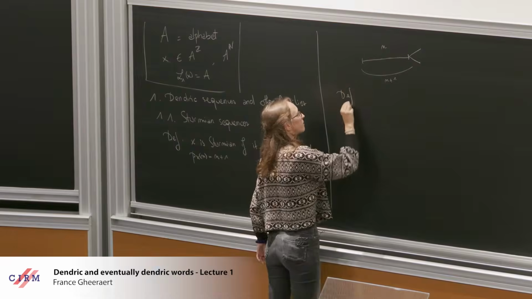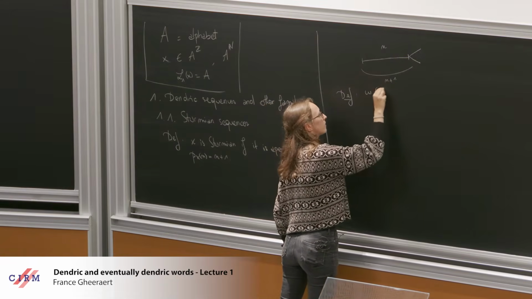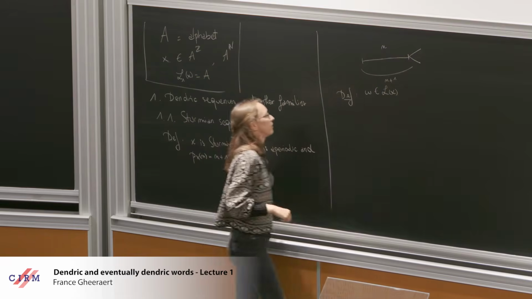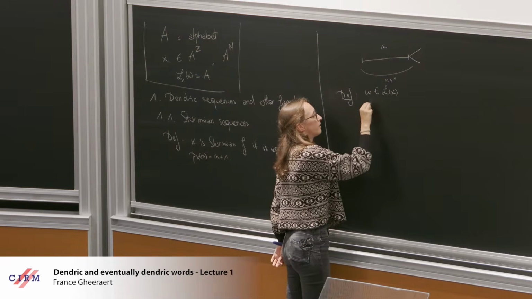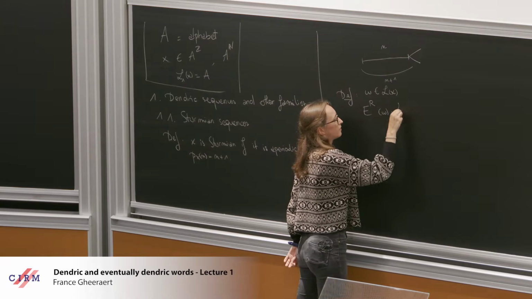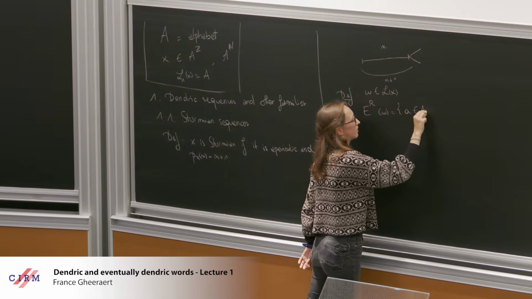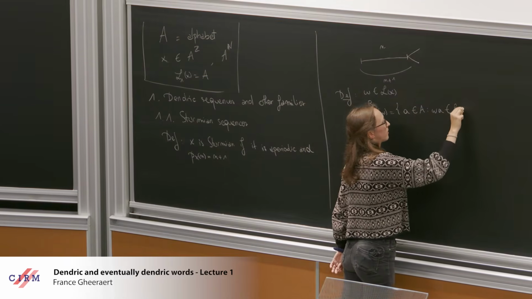So we write some definitions. So if W is a word that appears in my sequence, I will say that ER of W is the set of letters that can follow W in my sequence.